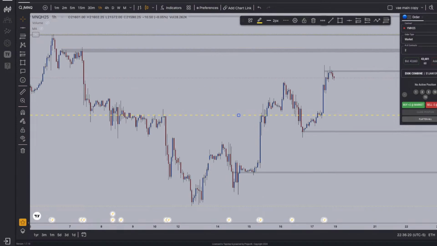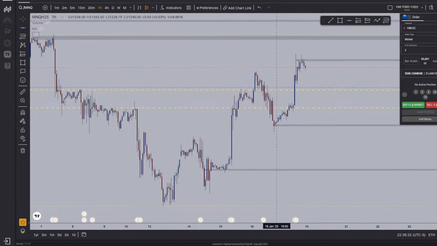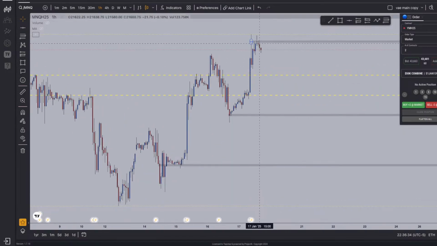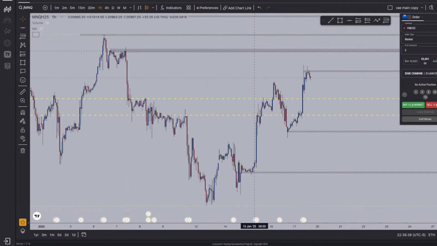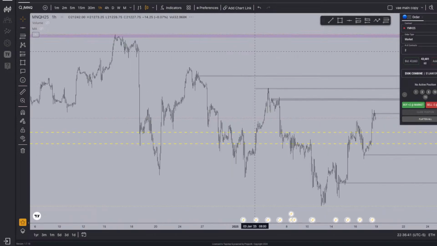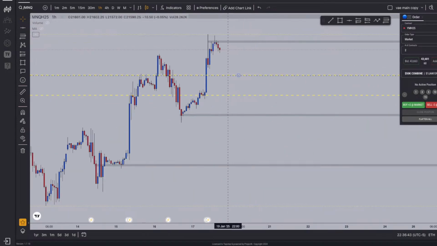This right here will be another target, because it was support turned resistance right here. Then you go over right here, kept playing, kept pushing off. So if you were to enter right here Monday, if it still shows a bearish scenario, you would TP1, TP2, TP3, easy.